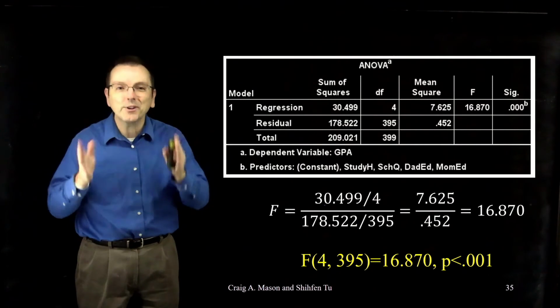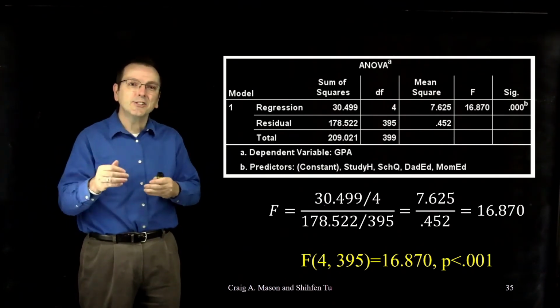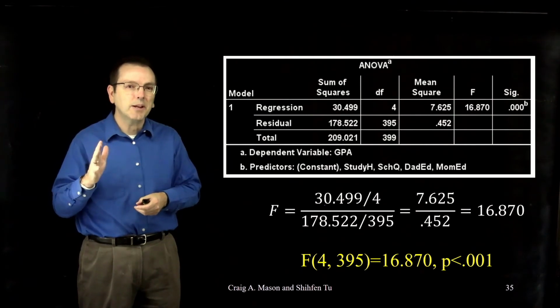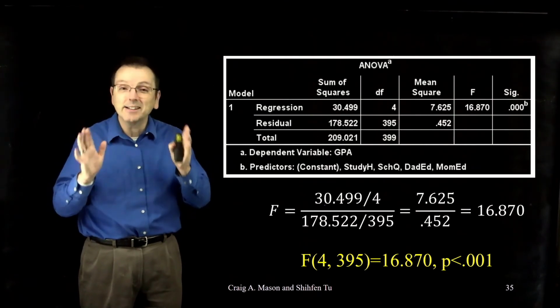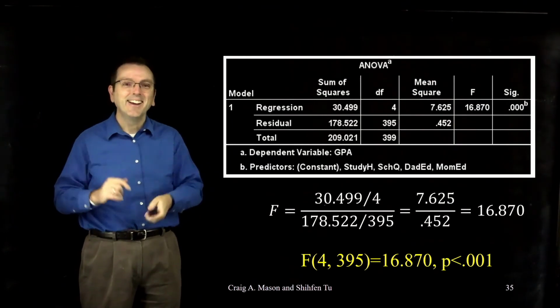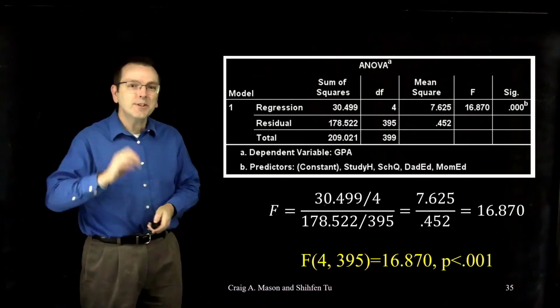Now, of course, if you're doing these calculations along with me, your answer will be slightly different because of rounding, and that's okay. Trust me, this works. So that's the ANOVA table.